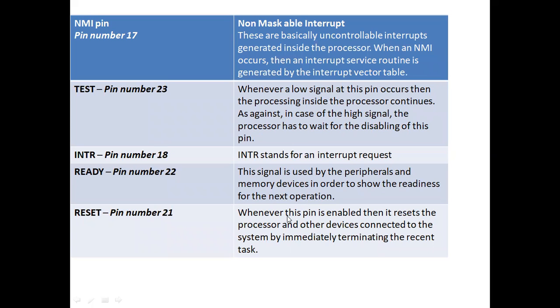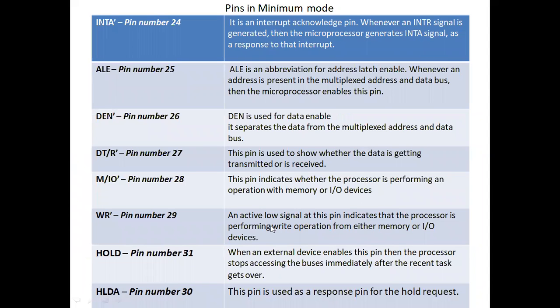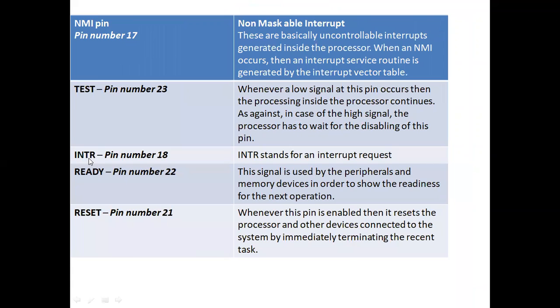So these are the common pins. Now next are the pins which are specific to the minimum mode. As we learned, there is an interrupt request pin. Whenever INTR is generated, in response to the interrupt there is an interrupt acknowledgement, by which the processor acknowledges this interrupt.